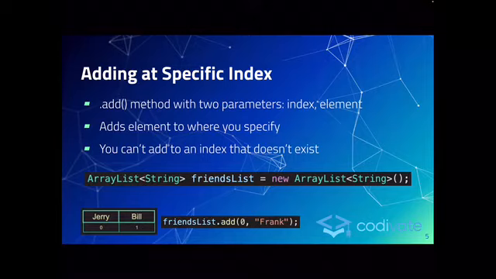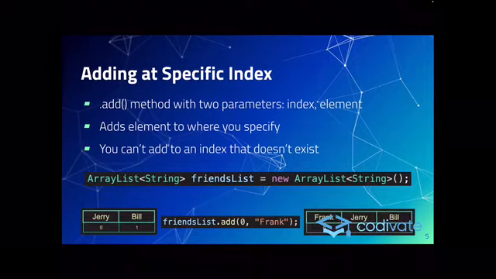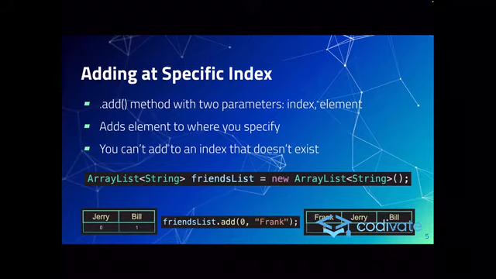If it started at this position that you can see in the table, the final output will be Frank at position 0, then Jerry at position 1, you can see that everything got shifted, and then Bill at position 2. So it shifts all the elements that are after the element that you want to add over by one position, and then it puts Frank at the position that you want. Or in this case it was Frank, but in general the element that you're adding.